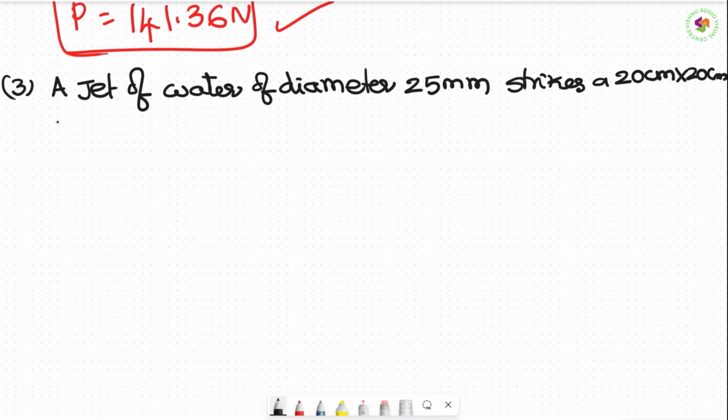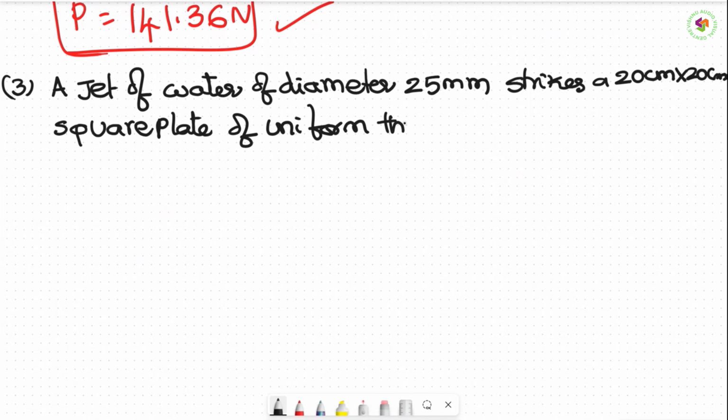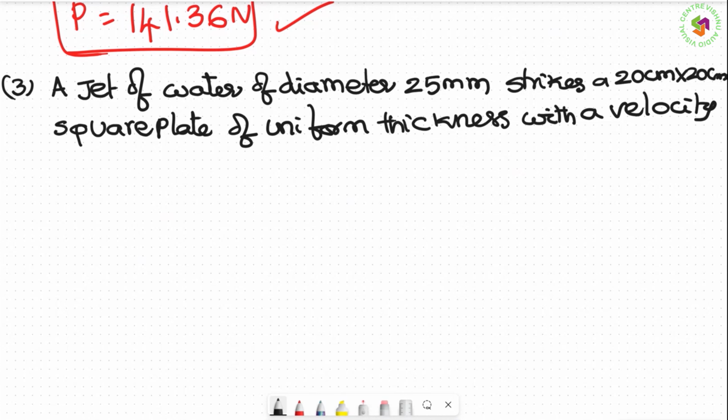Square plate of uniform thickness with a velocity. So all the answers have come. Rho is known.